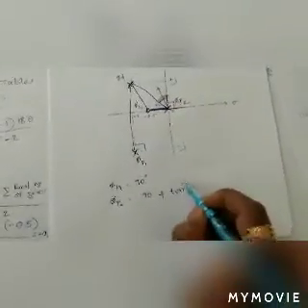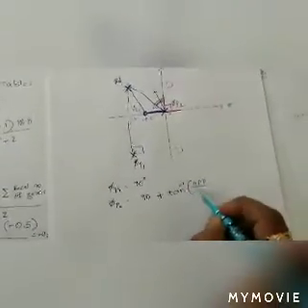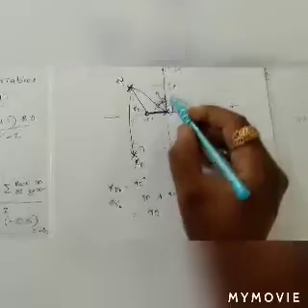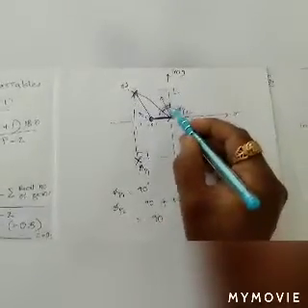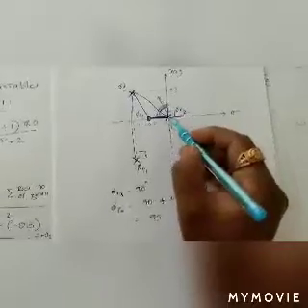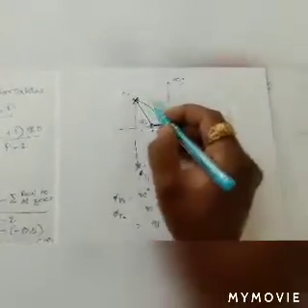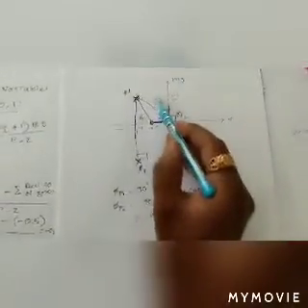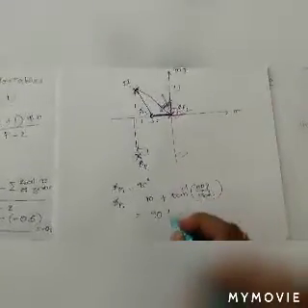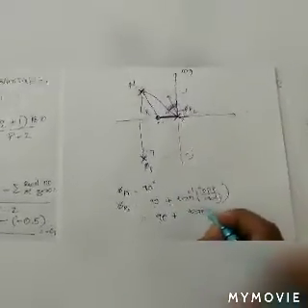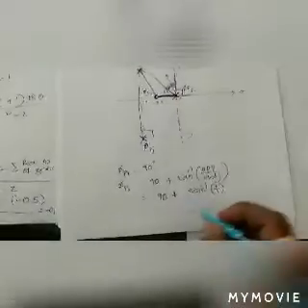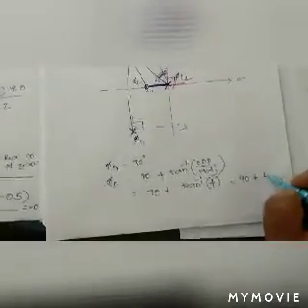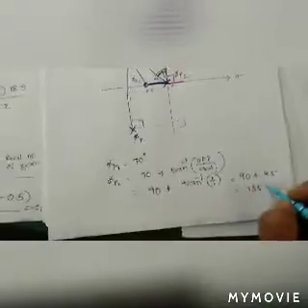So here there is a formula, tan inverse of opposite by adjacent. So this red line is 90, we need to find the angle for this. To find the angle for this, from this pole draw a line in between these two which shows the opposite. So 90 plus tan inverse of opposite by adjacent. Measure the opposite, measure the adjacent. So plus tan inverse of 1 by 1, which is equal to 90 plus 45, that is 135 degree.